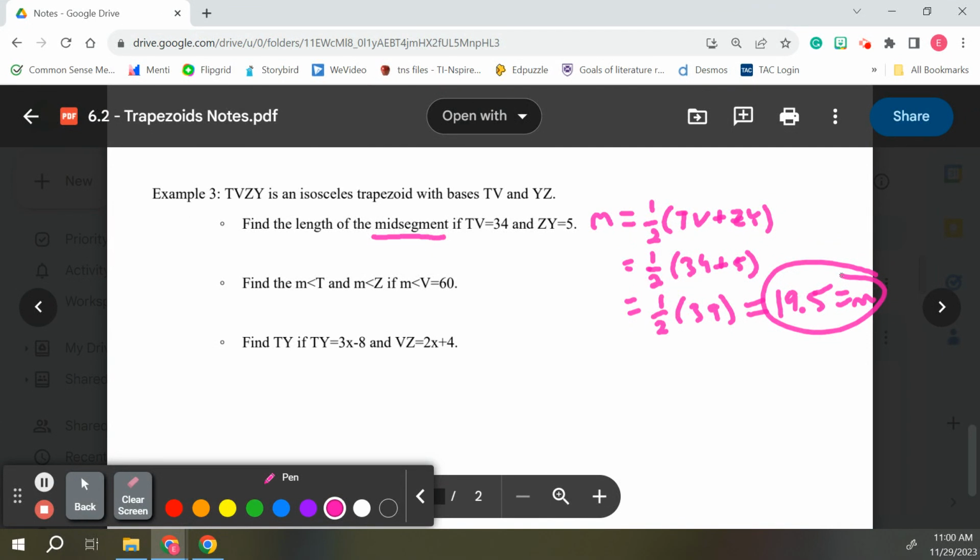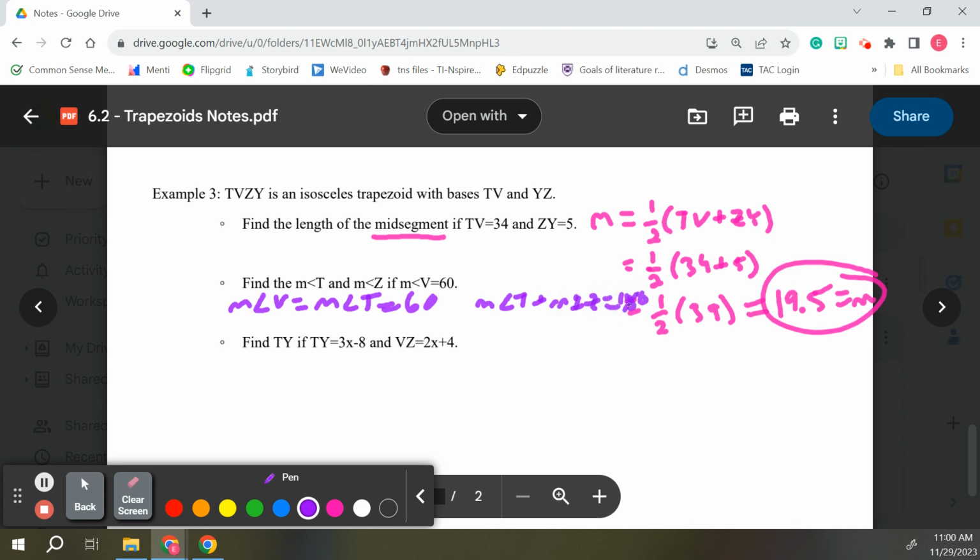All right, find the measure of T and the measure of Z if the measure of angle V is 60. So in this case, the measure of angle V is going to equal the measure of angle T. So that's also going to be 60 degrees. Now, to find Z, we're going to take the measure of angle T plus the measure of angle Z, set that equal to 180.